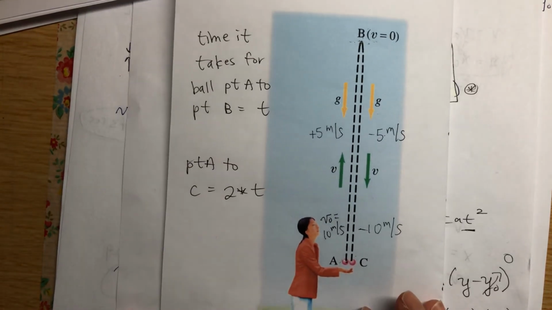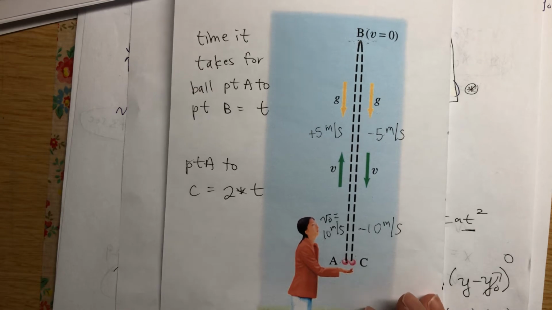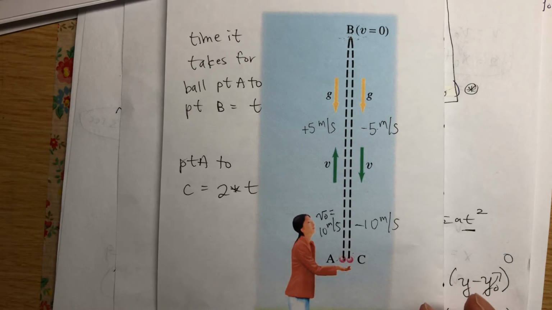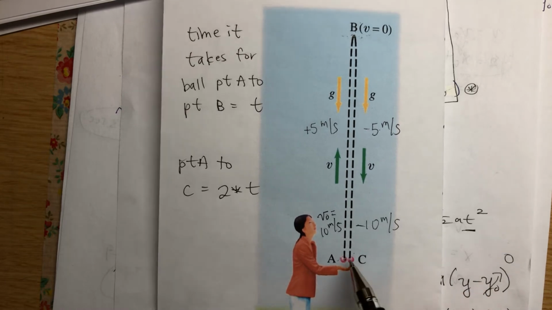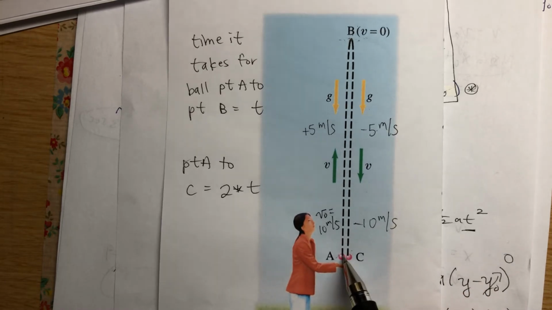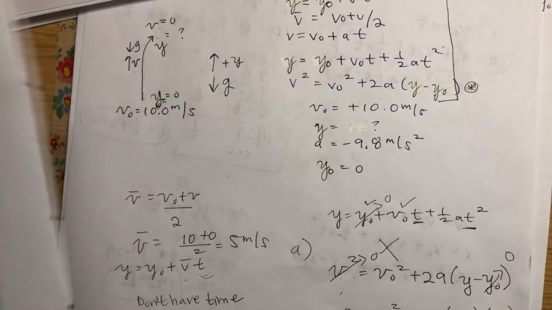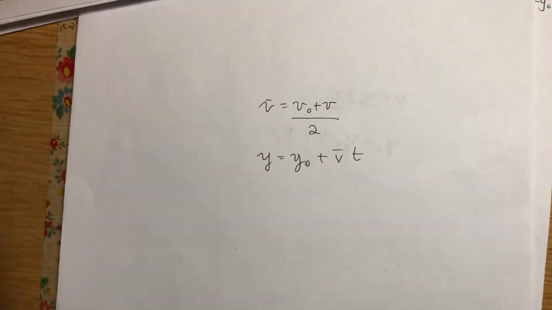To make things easier, I'm going to figure out part C first. How much time does it take to go from point A to point B?